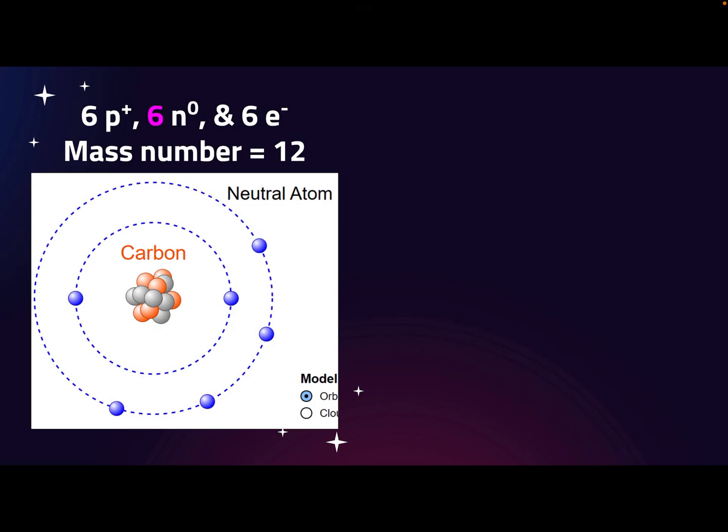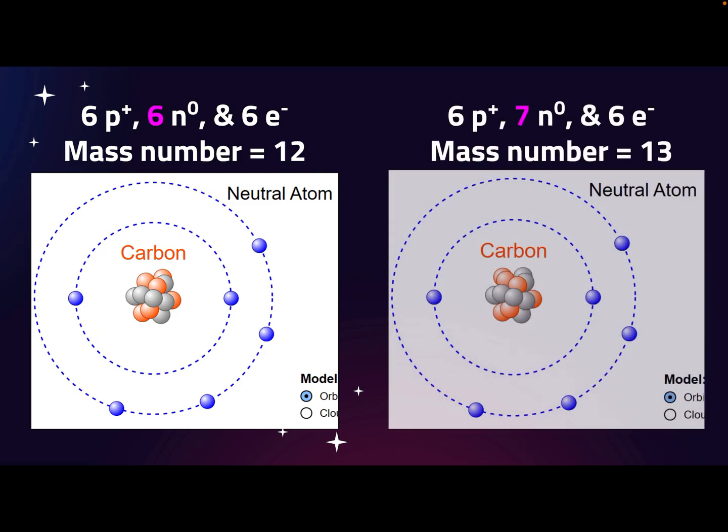So let's say you have that carbon atom that I showed you before, 6 protons, 6 neutrons, and 6 electrons. That atom will have a mass number of 12. We call it 12 atomic mass units. But there exist other forms of carbon, other versions of carbon. You could totally possibly have another carbon atom that has 6 protons.